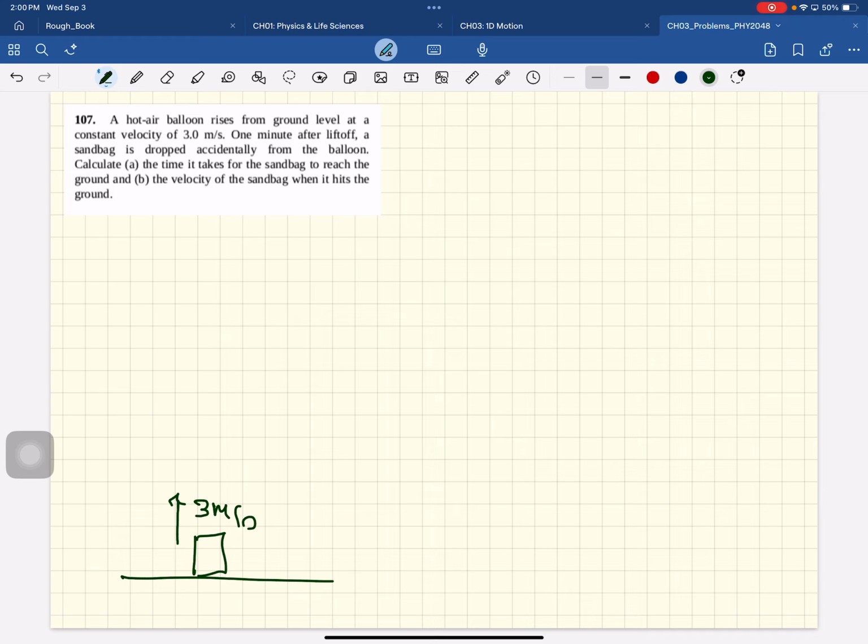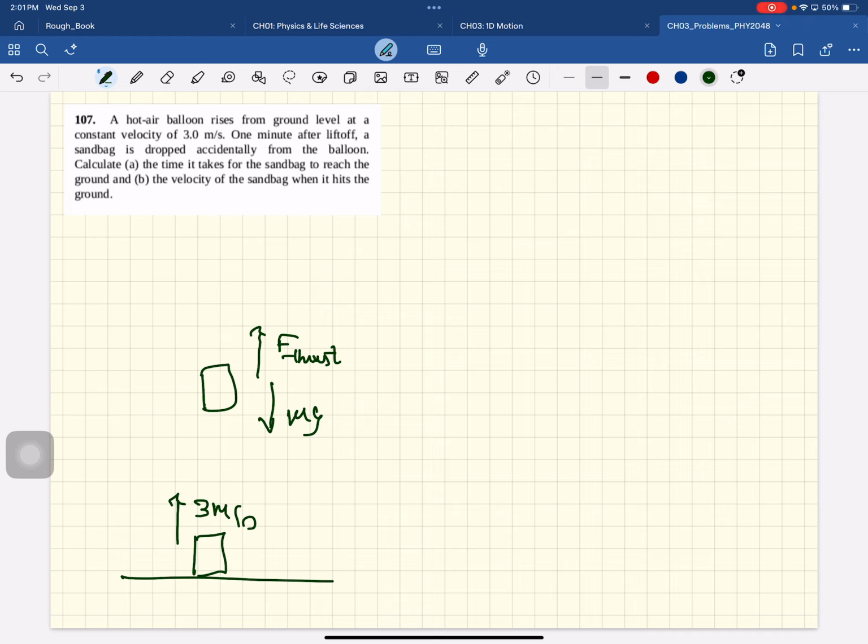What must be true if it's rising at constant velocity, with the weight of the hot air balloon? Why isn't this decelerating the balloon? There's a force pushing against the weight. How big is this thrust force? It's exactly the same as gravity. If it was larger, then it would accelerate upward.